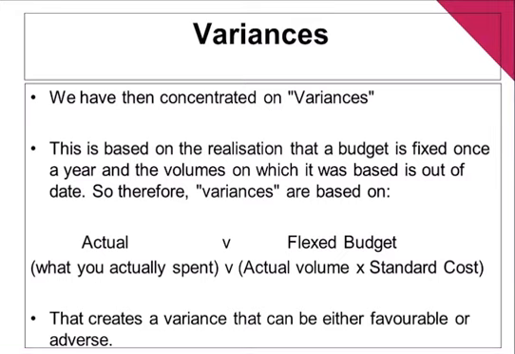So each unit that you produce will have a selling price per unit, and it will have costs attributed to it per unit. And you use that to create your budget, your new flex budget.